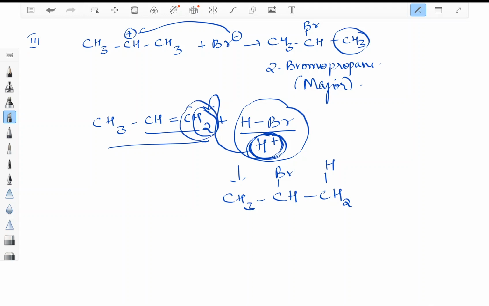In these two carbons, this has only one hydrogen, this has two hydrogens. So it goes here, and the Br will go to this carbon. This results in the formation of 2-bromopropane. This is Markovnikov's rule, Markovnikov's orientation. Thank you.